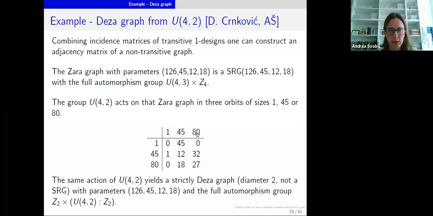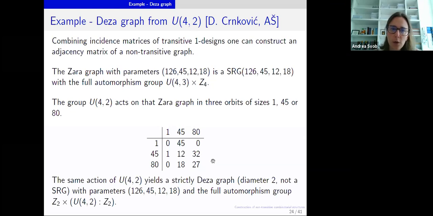It is easy to obtain the orbit matrix. This is something that we can calculate, and what we get is an orbit matrix that has these entries.